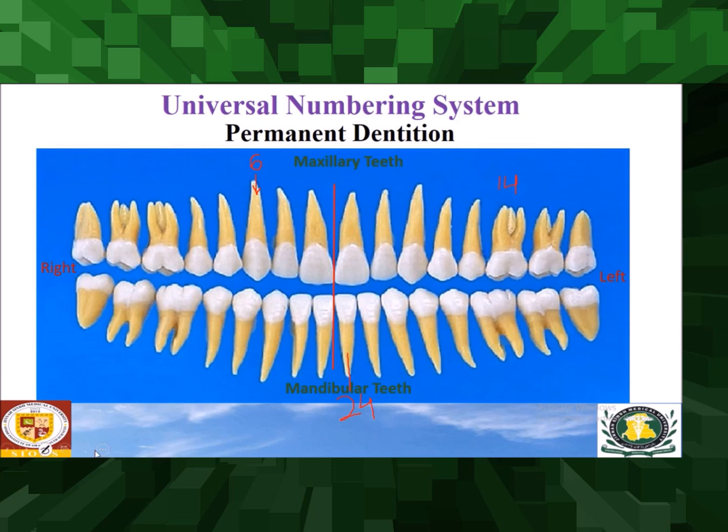And the 24 is, after 16, now in a clockwise direction, 17, 18, 19 for this tooth, 20 for the second premolar, 21 for the first premolar, 22 for the canine, 23 for the lateral incisor, and 24 for the central incisor of the left side. And 32 for this tooth, the right third molar, mandibular third molar.